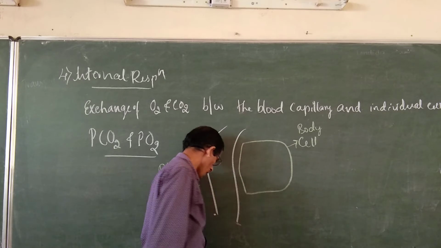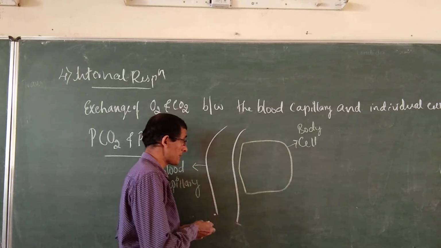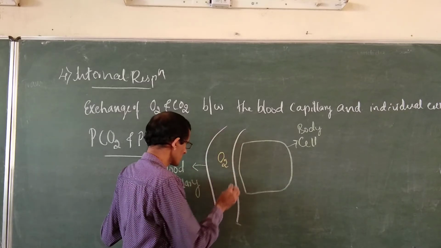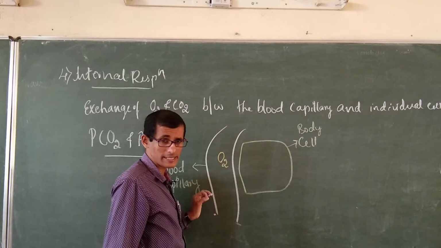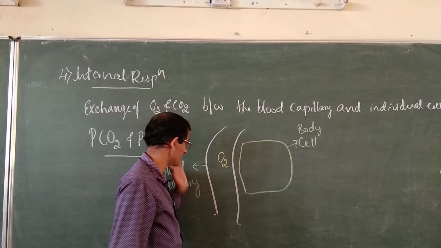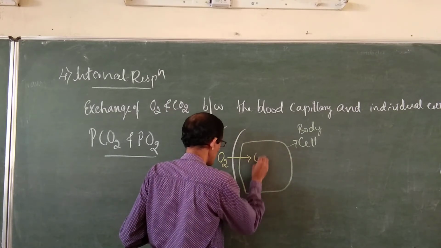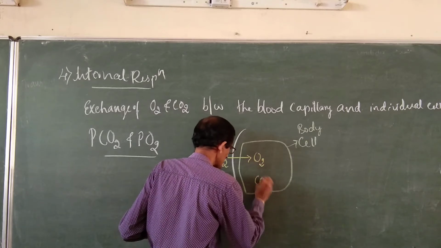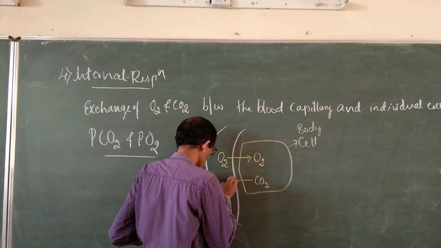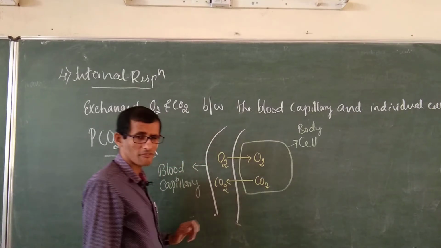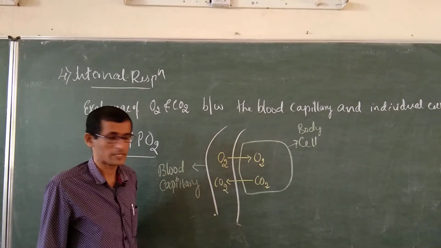So here the blood capillary is going to have oxygen at the highest percentage, or concentration of oxygen is high. It is moving towards the cell, and the cell is having a high percent of carbon dioxide after the respiration. So movement of carbon dioxide from cell to blood capillary.